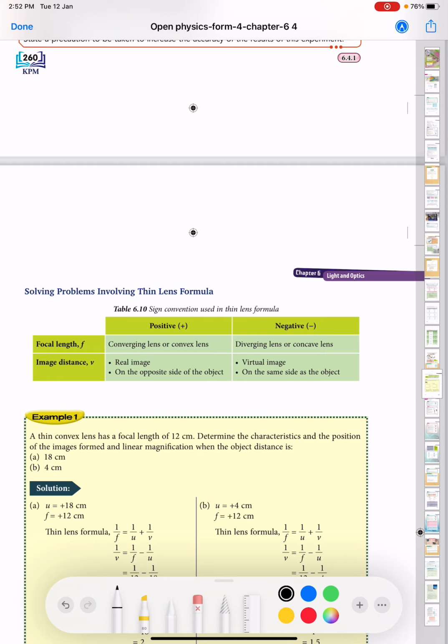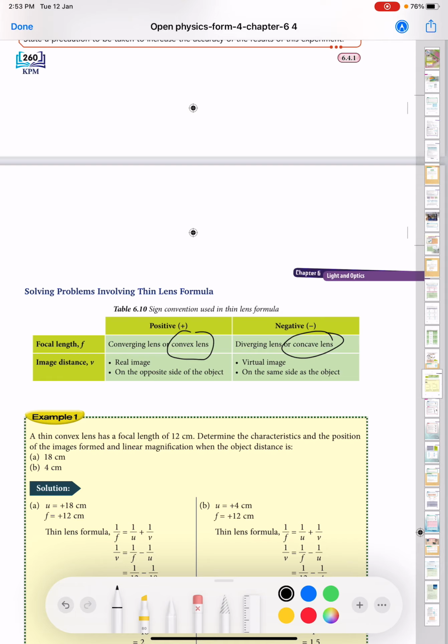Table 6.10 is the important sign convention that you need to understand. There are only two signs, positive or negative. Positive represents a convex lens and negative represents a concave lens. When you go to the supermarket and see spectacles, there is a sign of positive or negative on the lens.